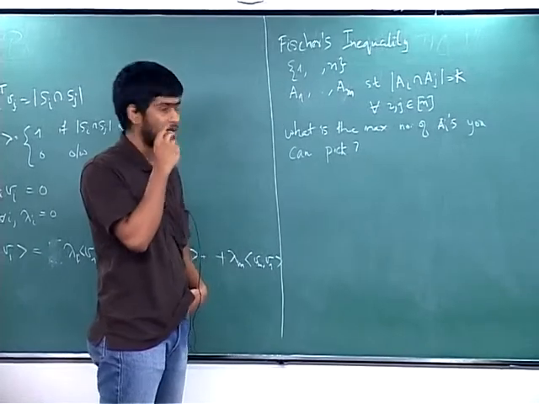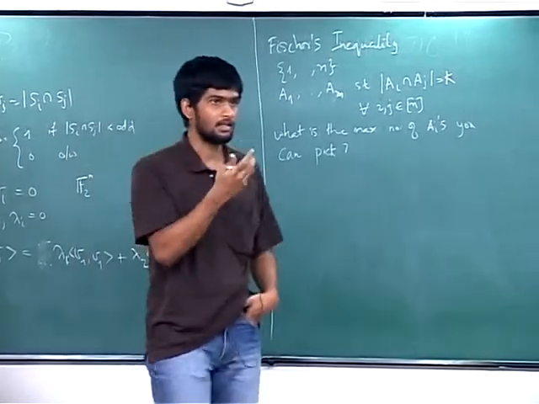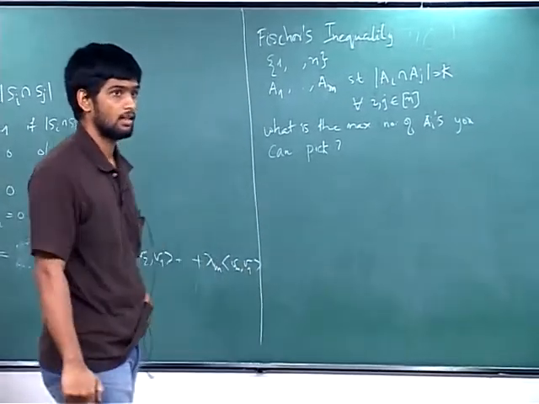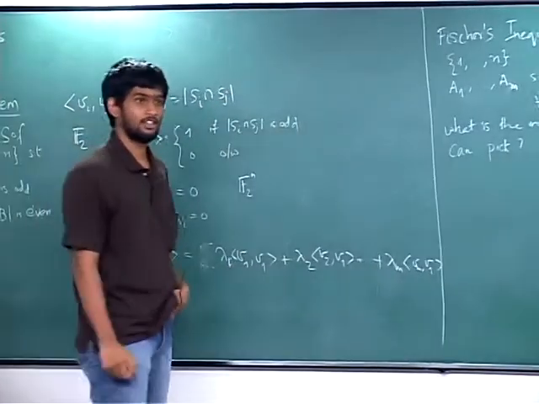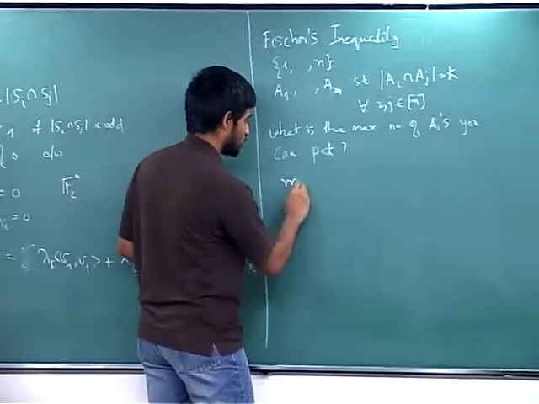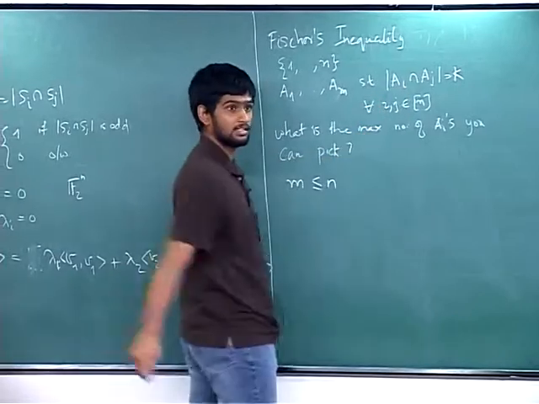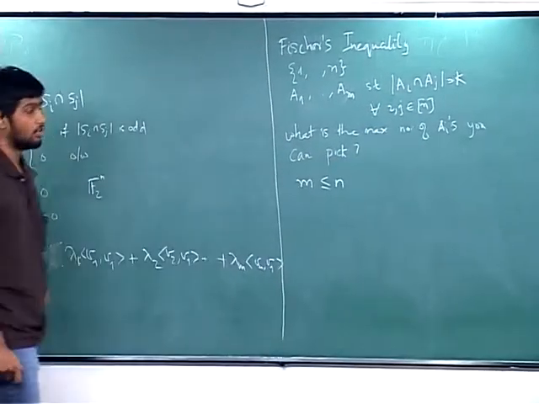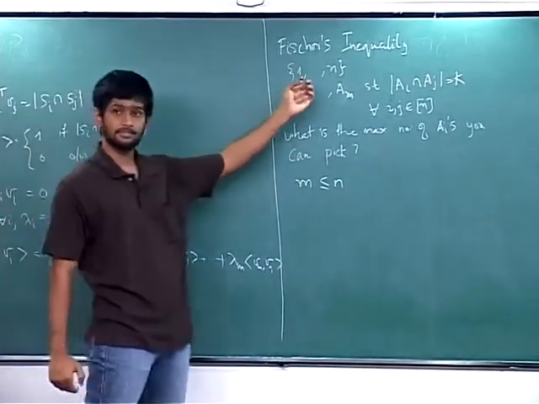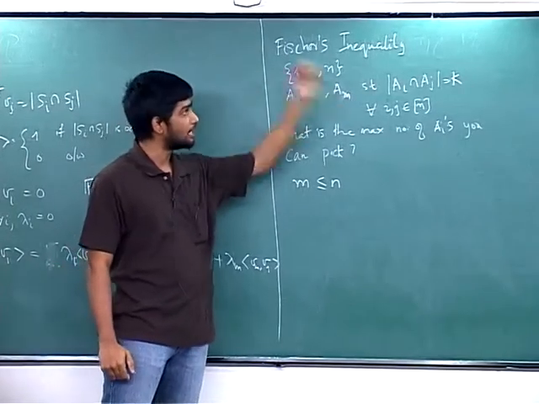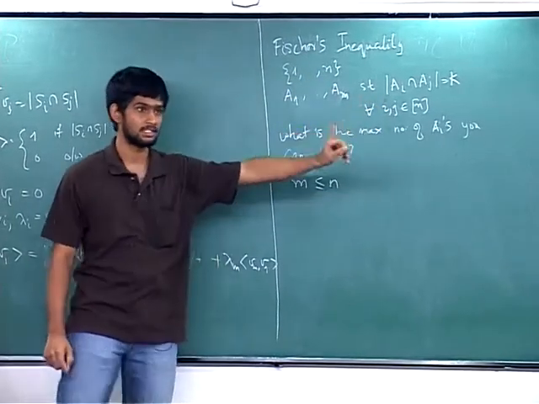Actually, the answer is that this m is at most n, no matter what k is. You can't pick more than n subsets of 1 to n such that any two have the same intersection.